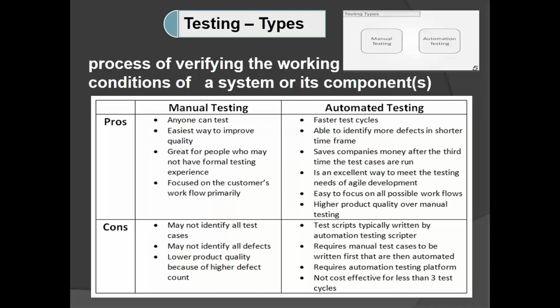That is nothing but manual testing. Here the tester is going to use different testing documents like test plans, test scenarios, test cases, and he will be doing different types of testing like unit testing, integration testing, system testing, ad hoc testing, all these things.